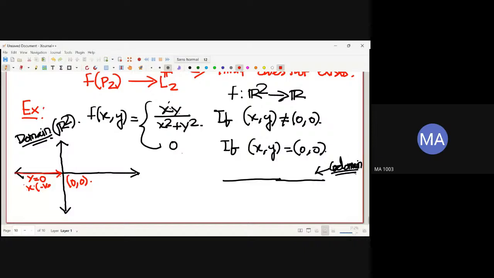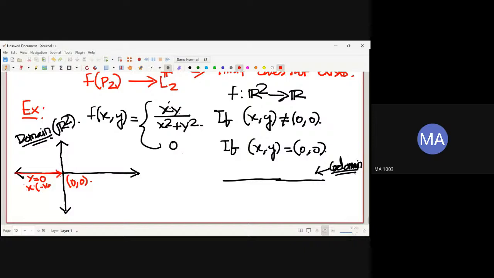So when I'm using this path, in that case, the limit is what? The limit as x, y tends to 0, 0 of x times y divided by x square plus y square. As I said, I'm not using any arbitrary path; I'm using this particular path, y equal to 0.